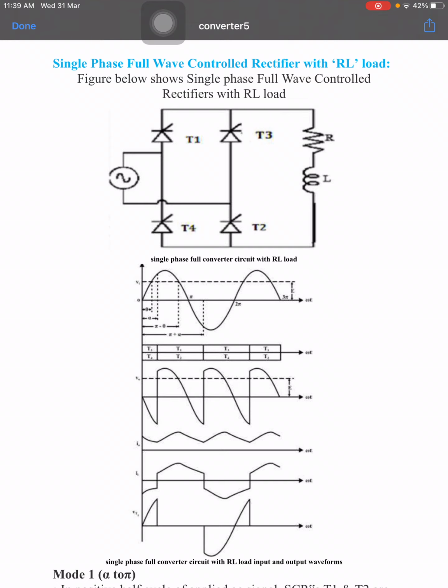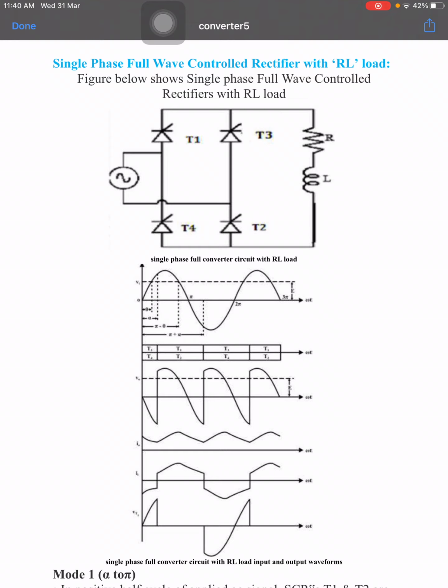What about the line voltage? How does the load voltage continue to be positive? Because the load acts as a source. When the load acts as a source, VL or V0 equals Vs, and the energy stored in the inductor is returned back to the AC supply.